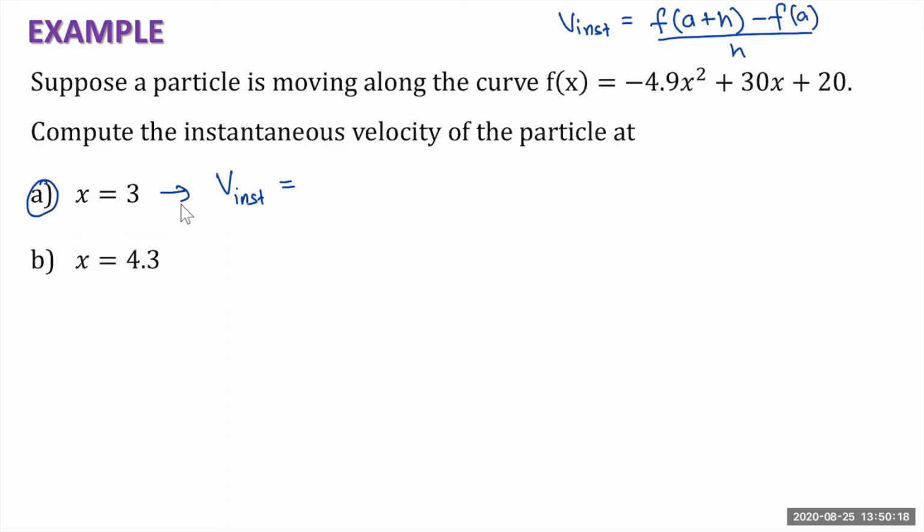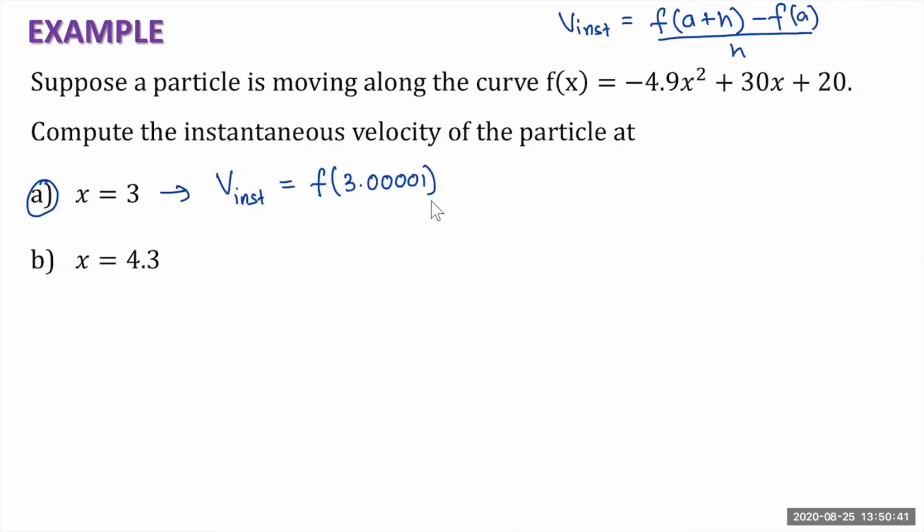So a is the given point, it is 3. So I need f of 3 plus h. So it will be f of 3 plus 0.00001, if I add h. I'm considering h as 0.00001.